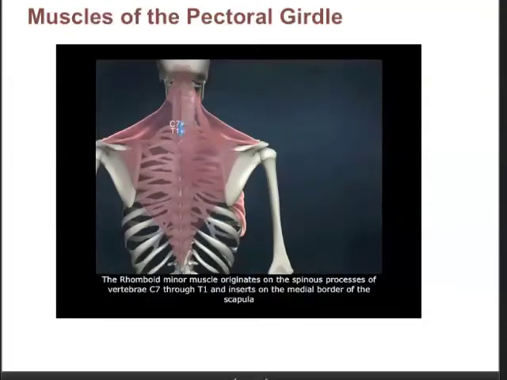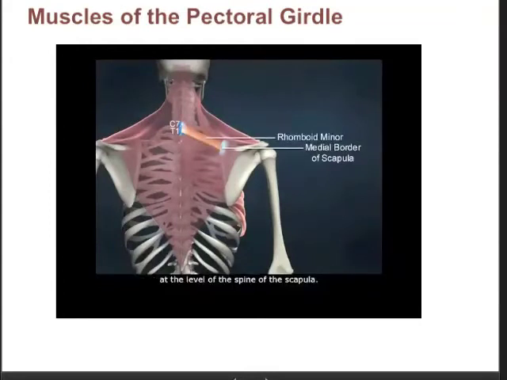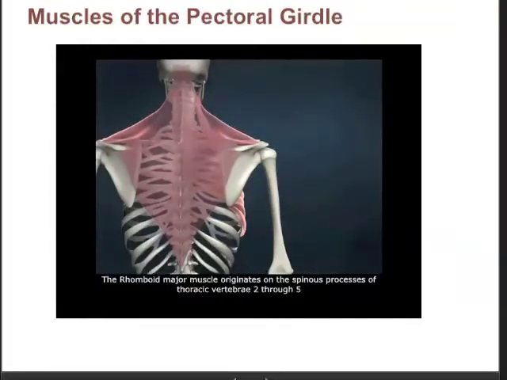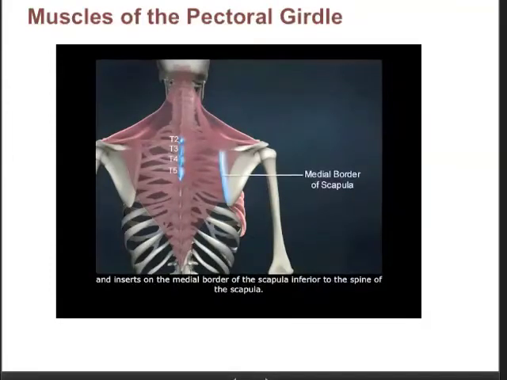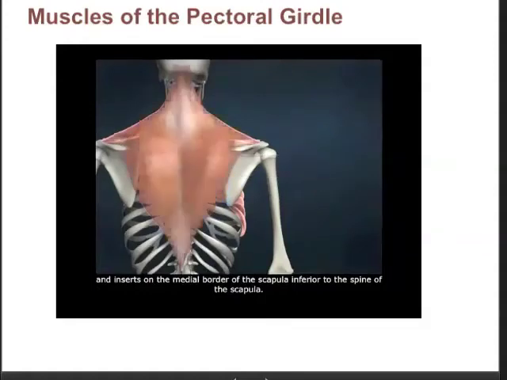The rhomboid minor muscle originates on the spinous processes of vertebrae C7 through T1 and inserts on the medial border of the scapula at the level of the spine of the scapula. The rhomboid major muscle originates on the spinous processes of thoracic vertebrae 2 through 5 and inserts on the medial border of the scapula inferior to the spine of the scapula.